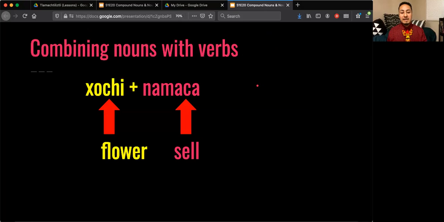Okay, but any of those transitive verbs, anytime that you see that space where you can have an object there, you can insert the nik, the k, the mech, the nech, the meets, the tla, the te, all of those prefixes, the mo, you can put them in there, but you could also put any noun in there. So here we have the noun xochi, flower, inserted into the verb namaka to mean sells flowers.